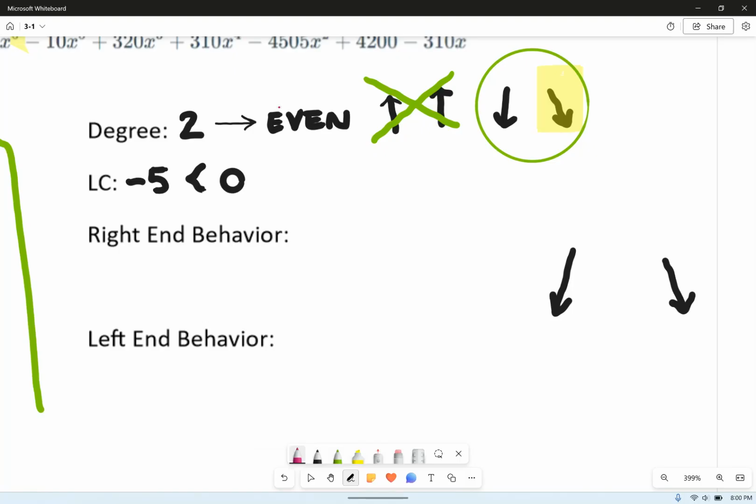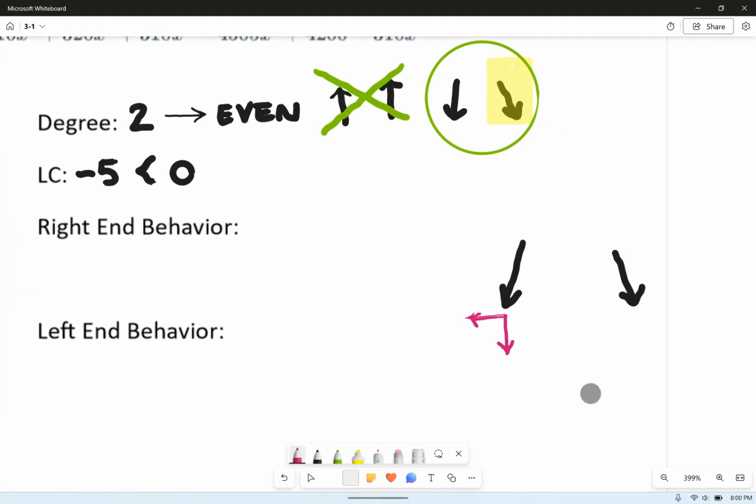This left arrow is not only pointing down vertically, it is pointing to the left horizontally. All right? So recognize these like vector components. That arrow is going down and left. How about this arrow down here? It is going right and down.